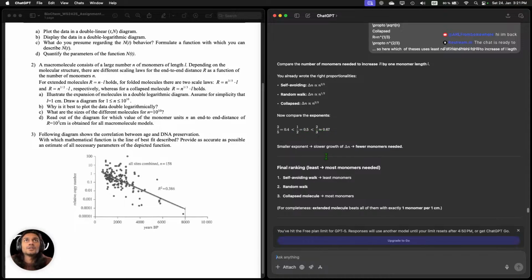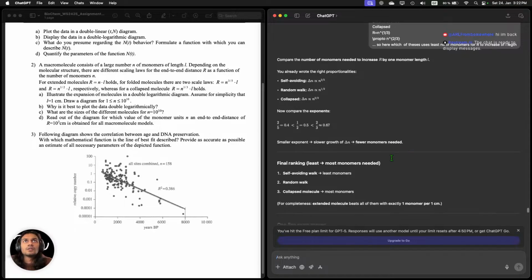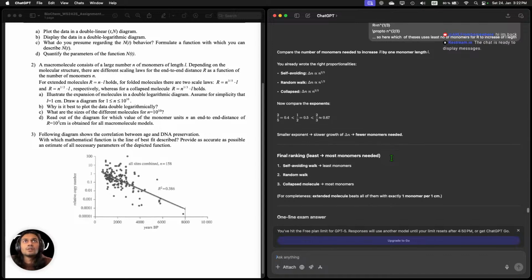So highest is smaller exponent, slower growth, fewer monomers needed. Collapsed molecule, the last one.